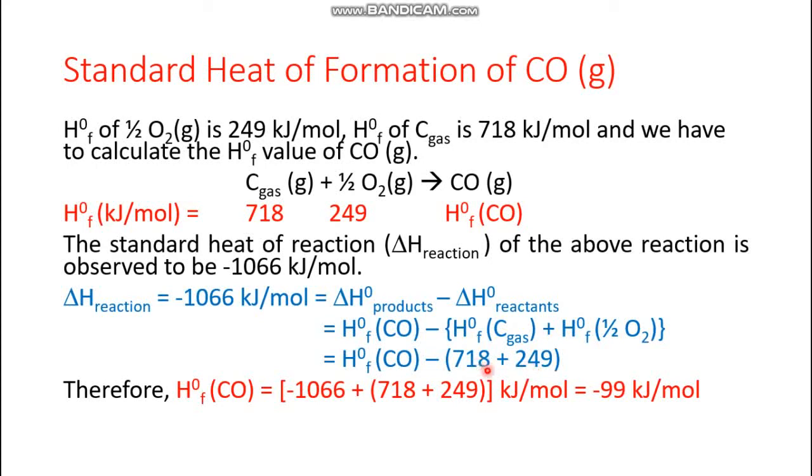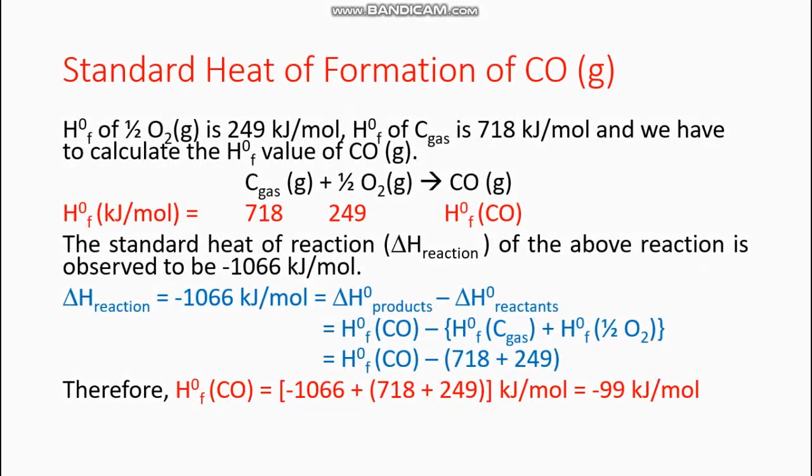So these values are put here, but this value is unknown, and then we have this equation: minus 1066 equals H0F of carbon monoxide minus 718 plus 249. By solving this, finally the standard heat of formation of carbon monoxide has been found, and it is minus 99 kilojoule per mole.